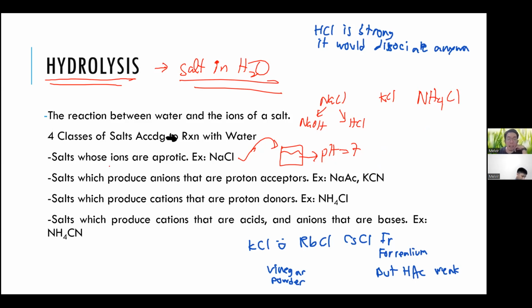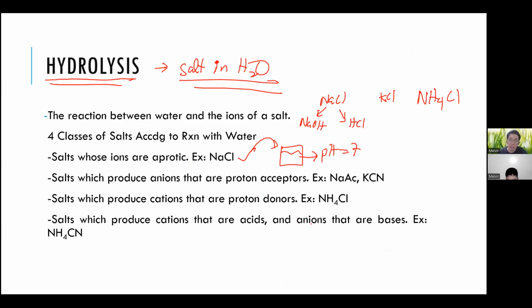Ang susunod ay mga salts which, when you dissolve them in water, will produce anions that are proton acceptors. So when you say proton acceptors, they will act as Brønsted acid or Brønsted base.